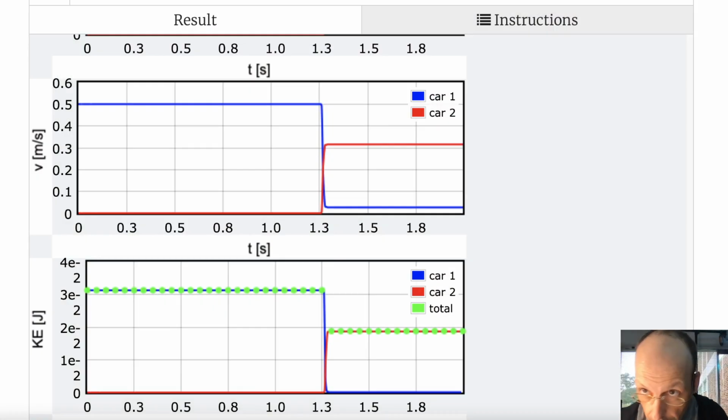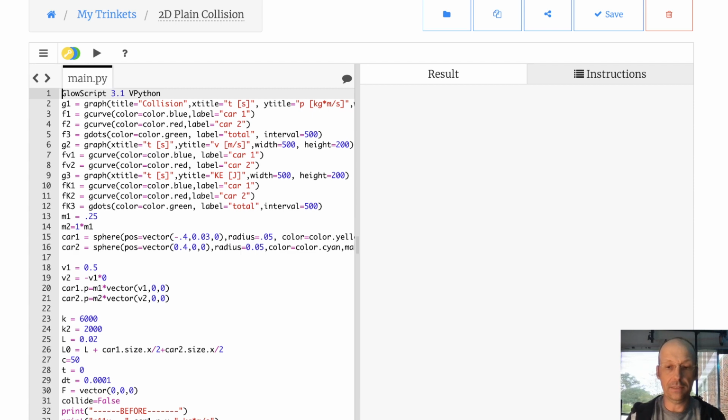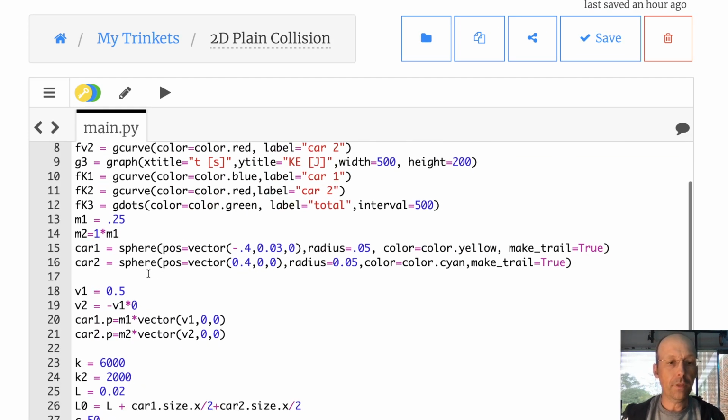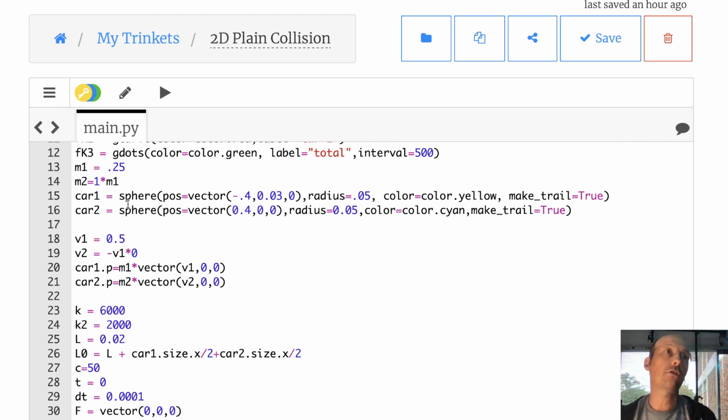Back to the computer. This is a 2D plane collision. So what do I have here? Notice that car 1 and car 2 are spheres now. They're not boxes.